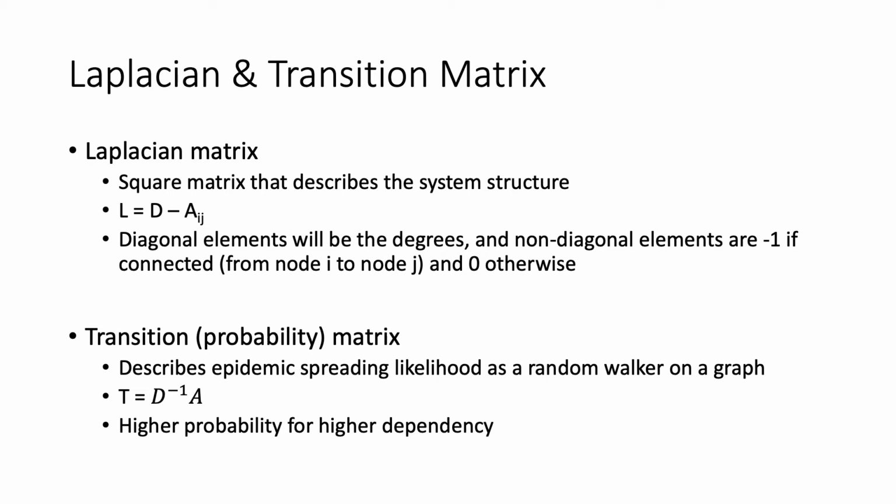And that will be how likely the basis vector will spread out to each state transitions at time k. And the higher the dependency of the node, the higher probability it will have of the epidemic spreading, which means the effect from other nodes is more likely to be transferred to that node.